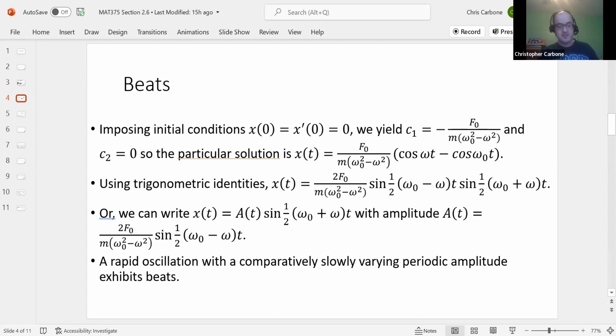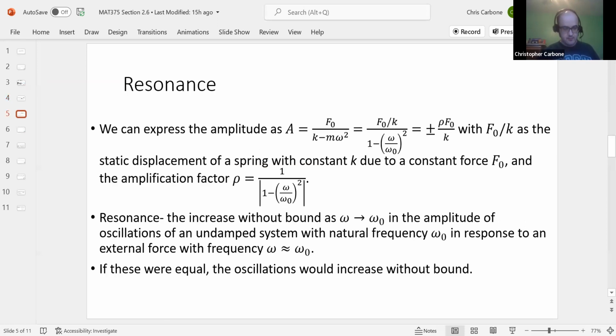Or we could write x of t being A of t times sine of 1/2 times omega sub 0 plus omega times t, with amplitude A of t equal to 2 times f sub 0 divided by m times omega sub 0 squared minus omega squared times the sine of 1/2 times omega sub 0 minus omega times t. A rapid oscillation with a comparatively slowly varying periodic amplitude exhibits beats.